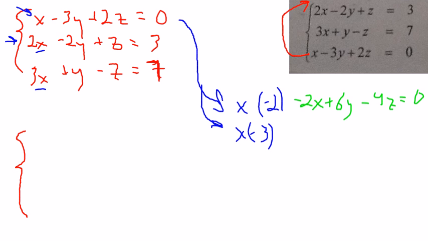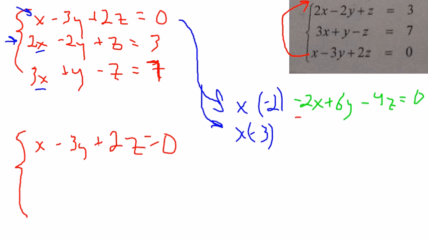I'm going to rewrite the top equation, x minus 3y plus 2z equals 0. Now, the reason why I write that and I keep that is because I need a relationship between all three, so that when I know z and I know y, then I can find x. That's why I keep that equation. It's kind of the easiest to do that with.